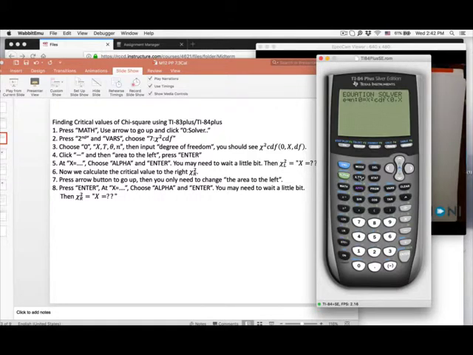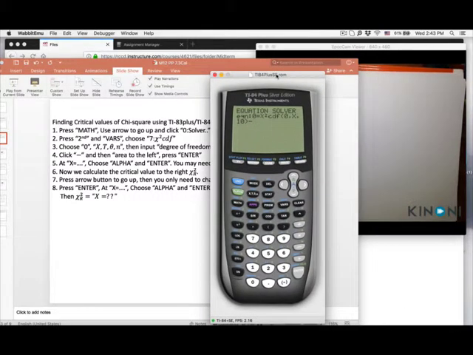Click on this x, and then comma, and then degrees of freedom. We have the sample size n equal to 11, so degrees of freedom will be equal to 10. And then we're going to do minus the area to the left. Look at the picture here.